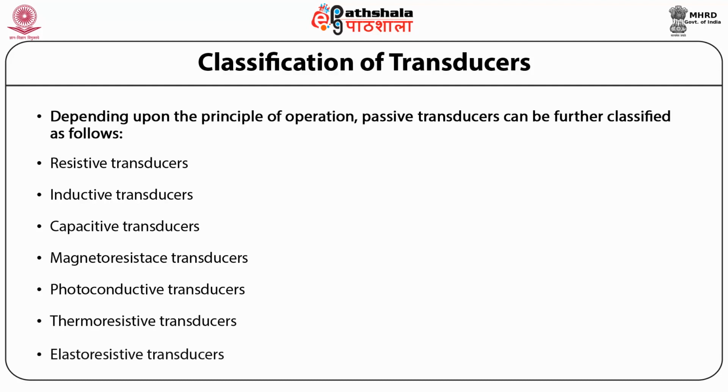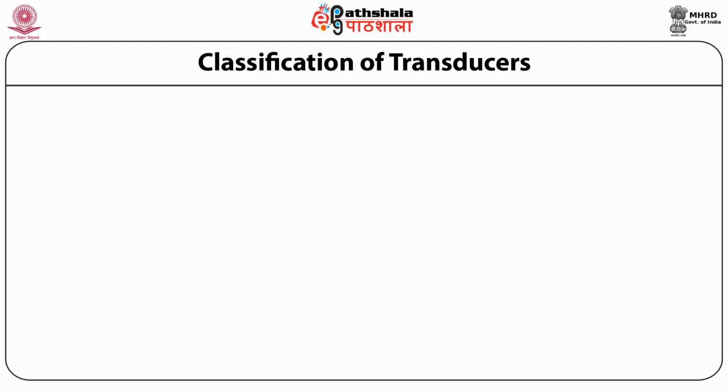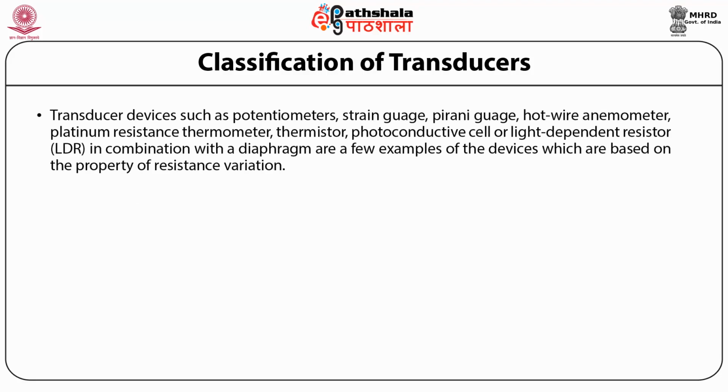Seventh, elastoresistive transducers. Transducer devices such as potentiometers, strain gauge, Pirani gauge, hot wire anemometer, platinum resistance thermometer, thermistor, photoconductive cell, or light dependent resistor, that is LDR, in combination with a diaphragm are a few examples of the devices which are based on the property of resistance variation.